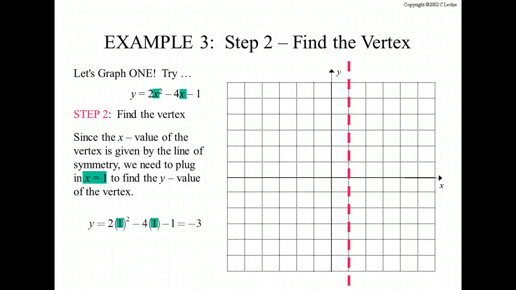And we do out our order of operations. 1 squared is 1, 2 times 1 is 2, 4 times 1 is 4. Well, 2 minus 4 minus 1 is negative 3. So the vertex is 1, negative 3. So we're going to plot that point on our graph.